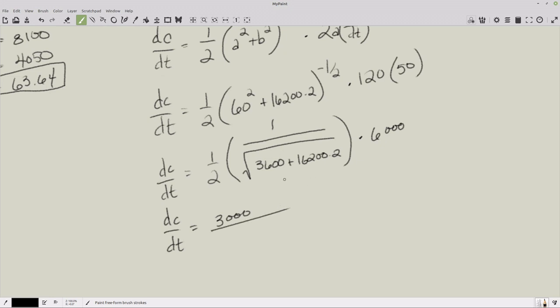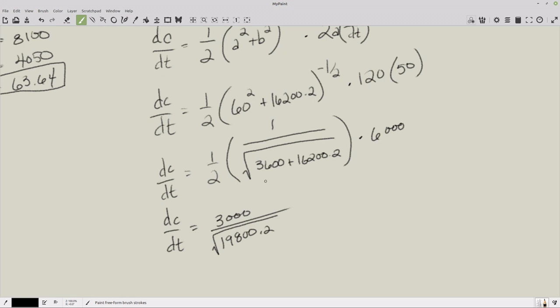I can actually put that in the numerator, and we get, if we add 3,600 to 16200.2, we get 19,800.2, and that's going to be the square root. Okay, let's do it. What is the square root of 19,800.2?